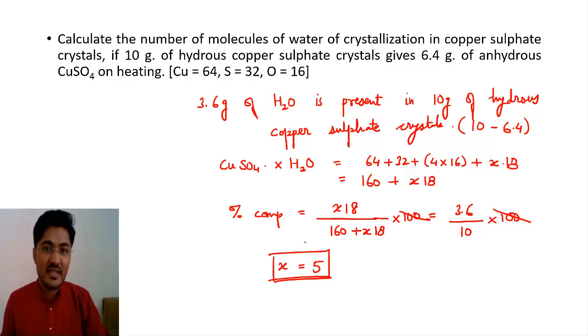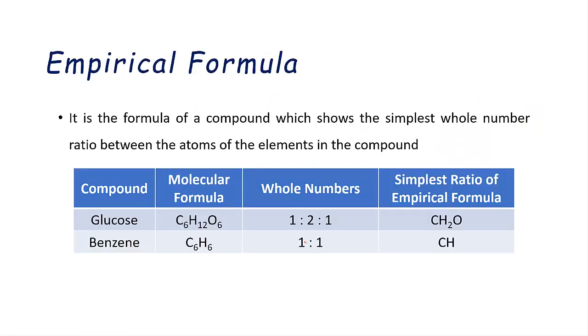Now let's look at the next concept, that is empirical formula. Empirical formula is the formula of a compound which shows the simplest whole number ratio between the atoms of the elements in the compound. Let's see, for example, glucose. Glucose's molecular formula is C6H12O6, that we already know.